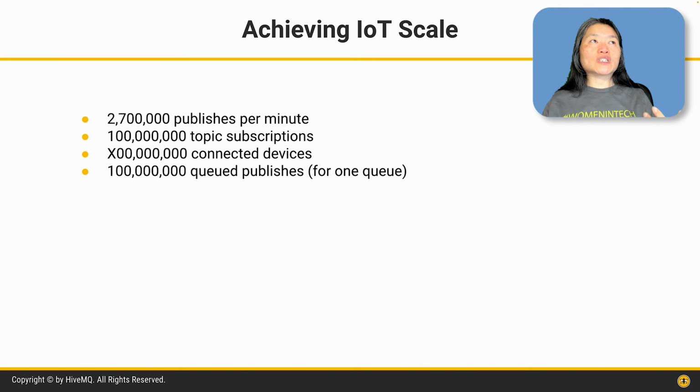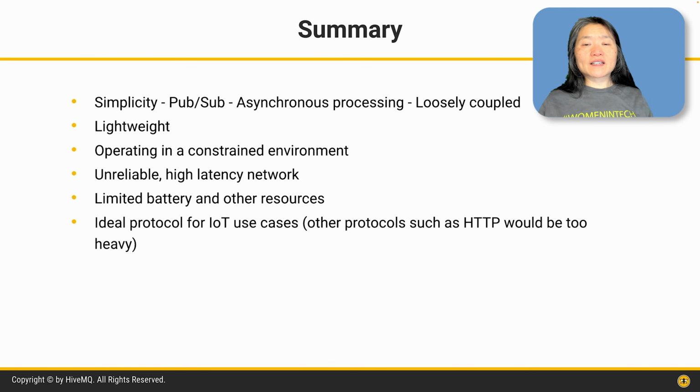We want to be able to achieve IoT scale too, essentially talking about billions of publishes per minute, topic subscriptions, and connected devices. So it's really a perfect protocol for IoT applications. So yeah, thank you.